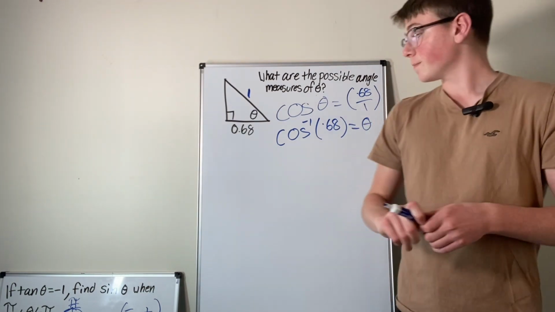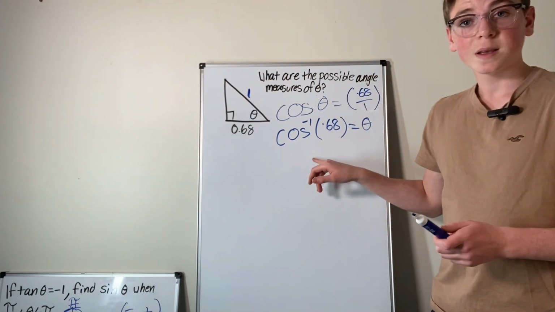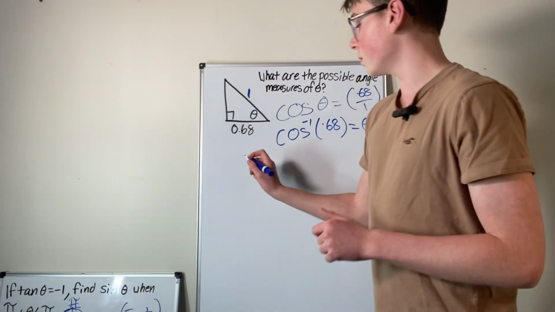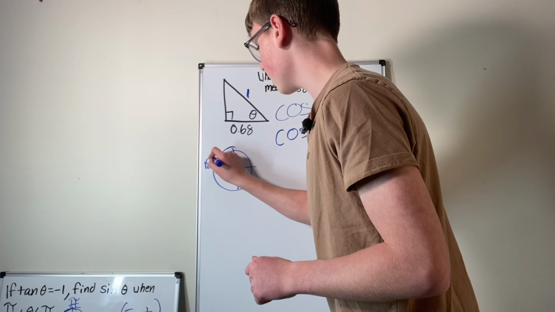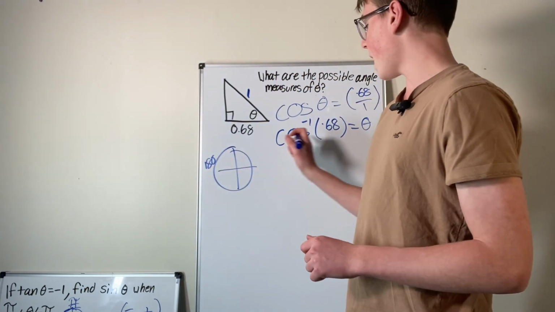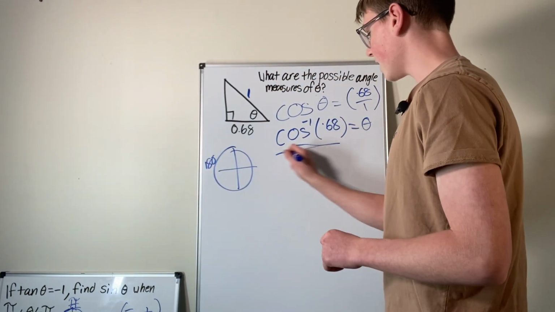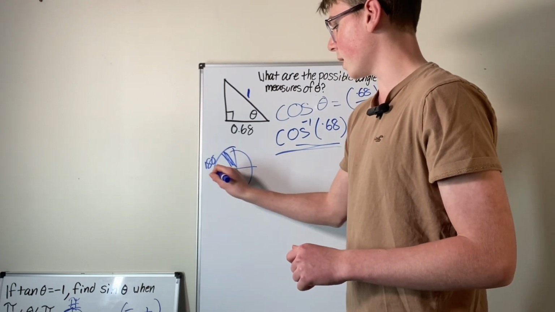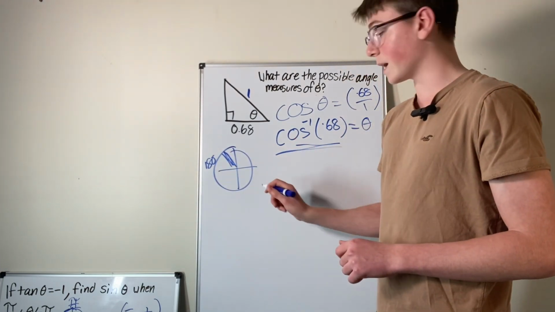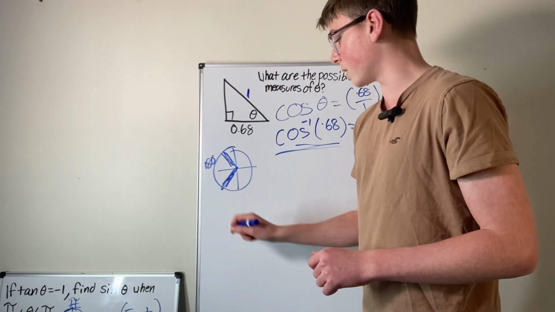In the first quadrant, this is our angle. Second quadrant, we have to do 180 minus this angle, and we'll get an angle in this quadrant. Then we have to do 180 plus this angle, and we're getting an angle in this quadrant.